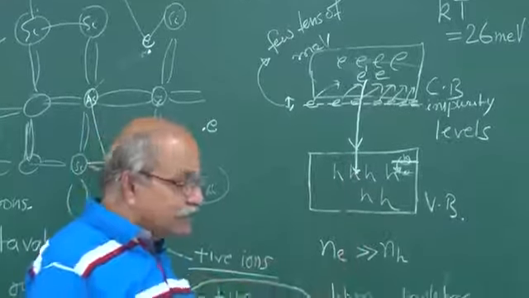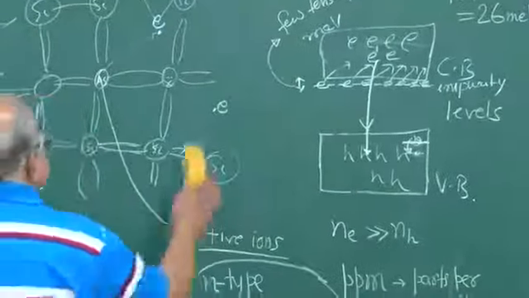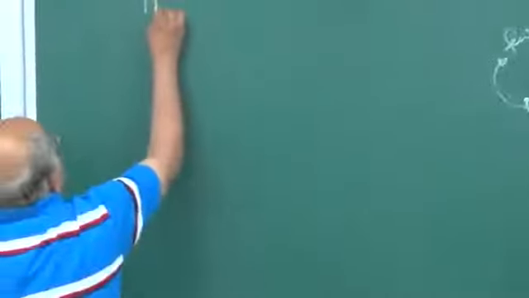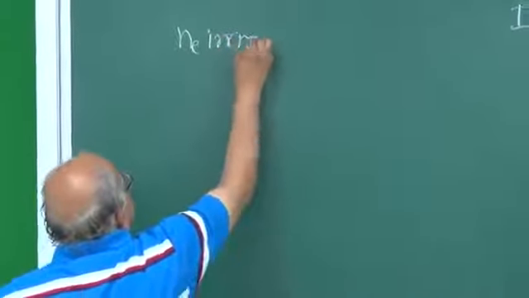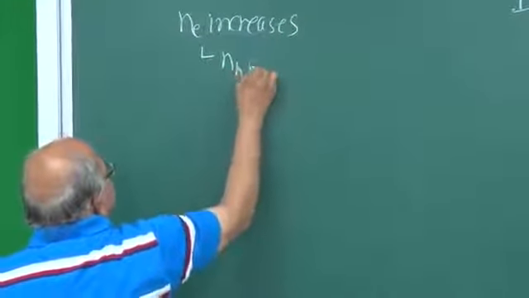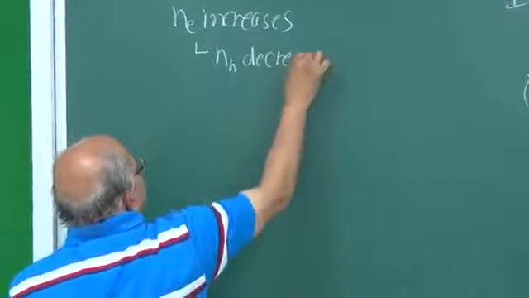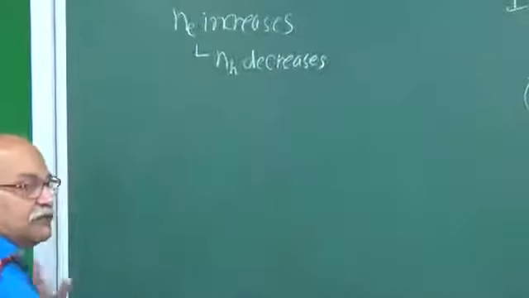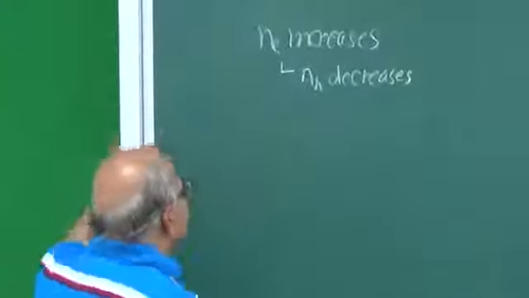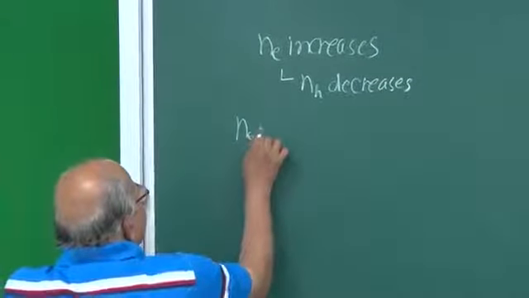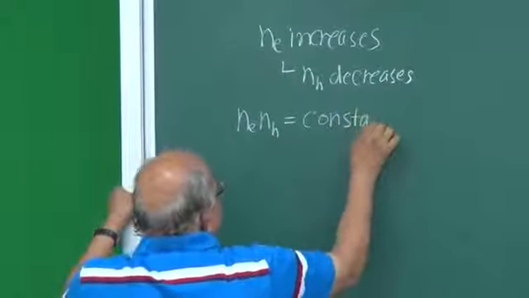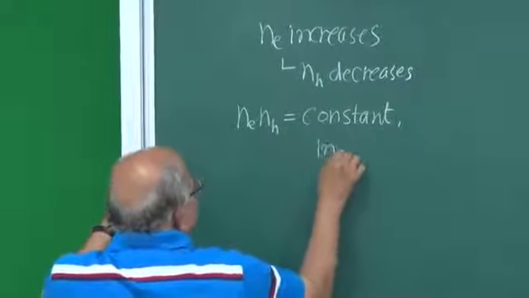So Ne increases, so through this doping Ne increases, and at the same time NH decreases. And there is a very simple and interesting relation between this, and that relation is Ne into NH remains constant, independent of doping concentration.